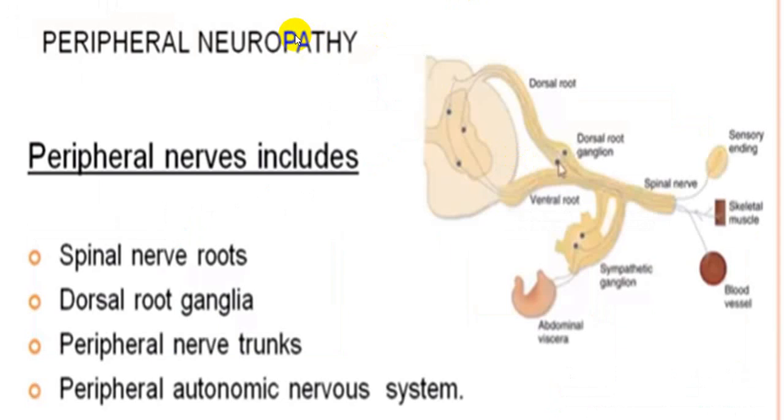What are the different parts of the peripheral nerve?